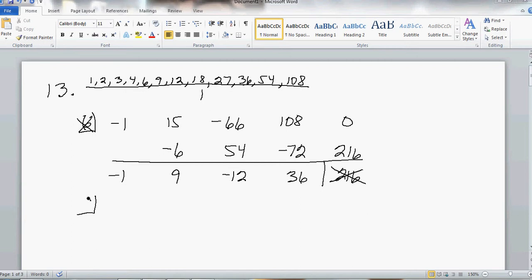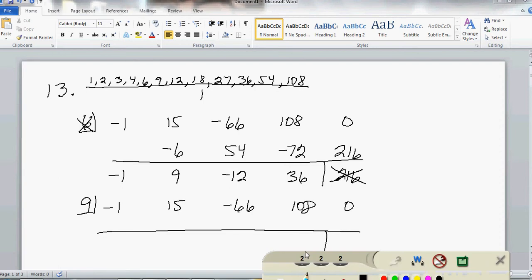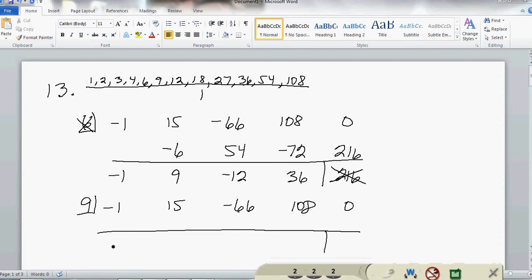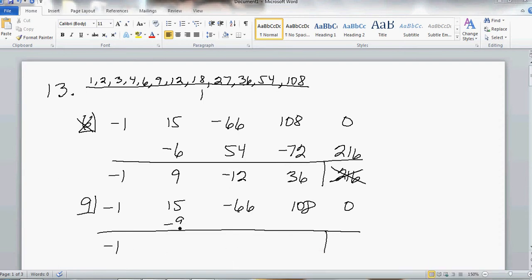What about 9? -1, 15, -66, 108, and 0. Let's see what we get. -1, -9, 6. 6 times 9 is 54. -12. -12 times 9 is -108.